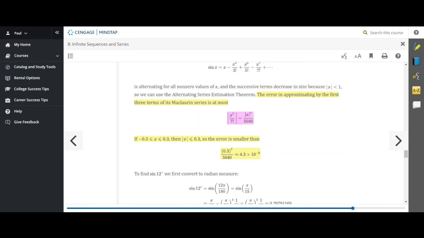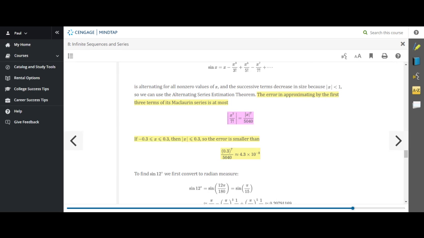So I just wanted to show you that we can employ the alternating series estimation theorem as well to help us get a bound on our error. But that only works if our Maclaurin series for our function is an alternating series.